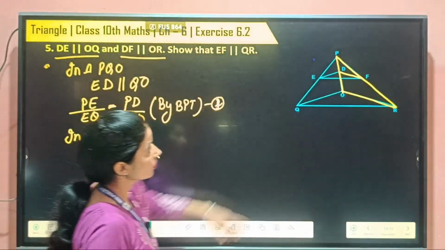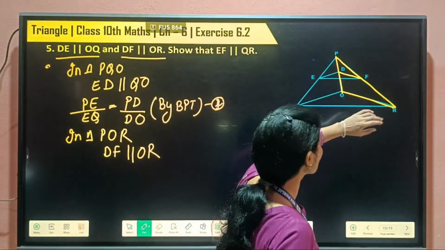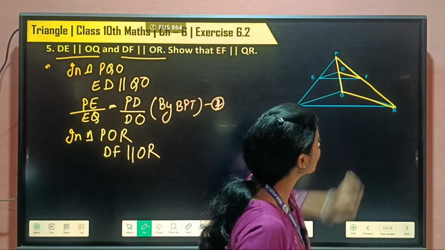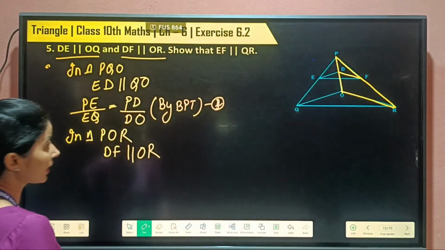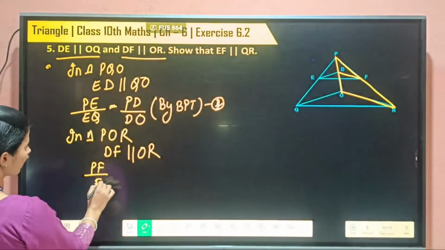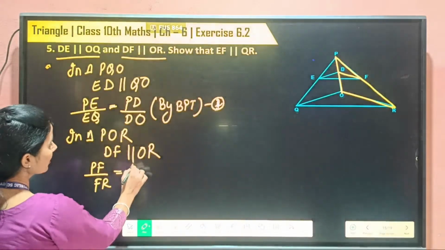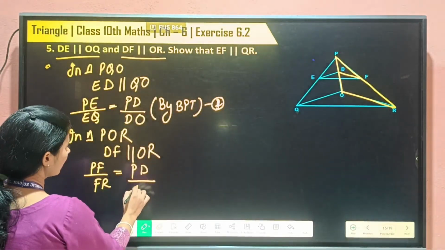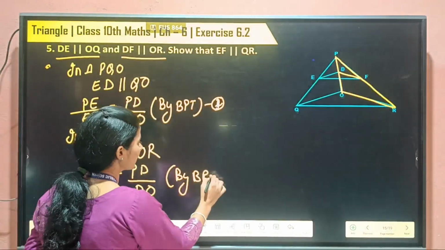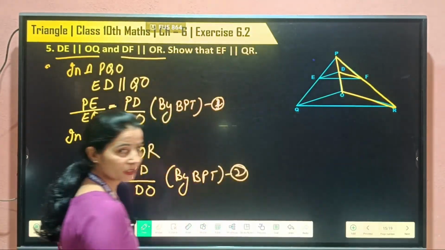So I can write PF by FR equals PD by DO. This is by BPT theorem. So this is equation number 2.